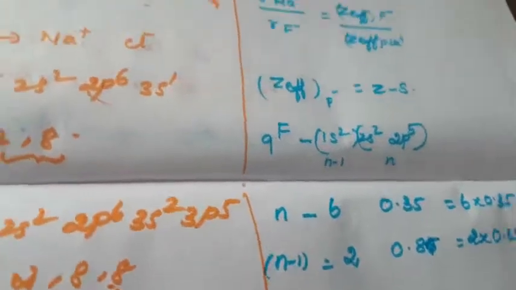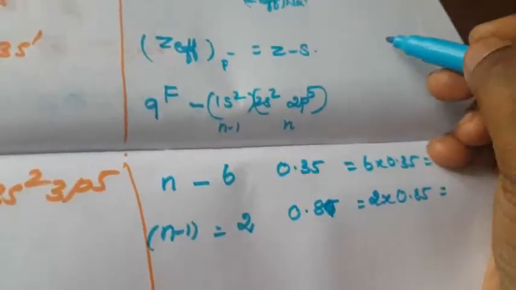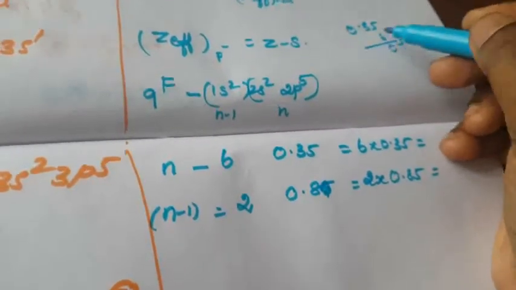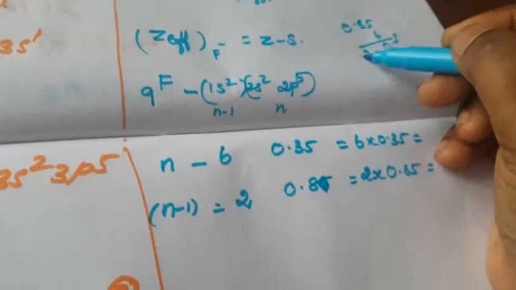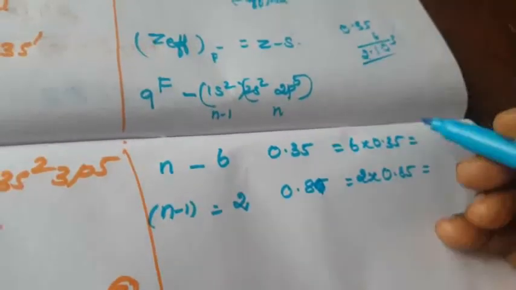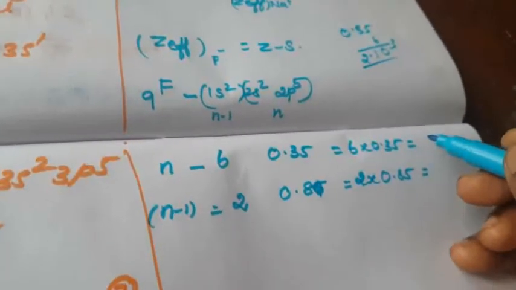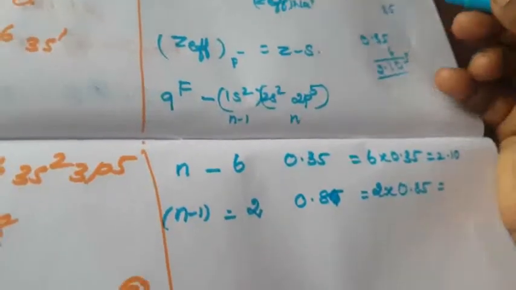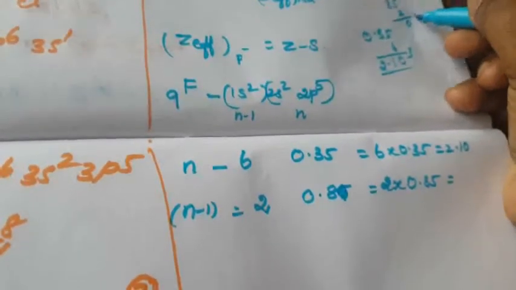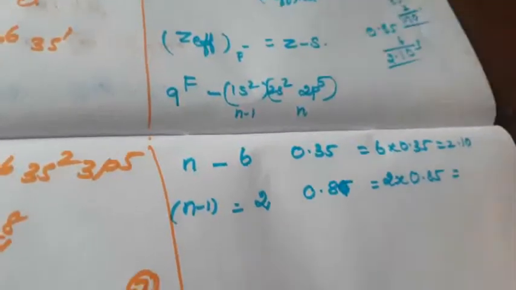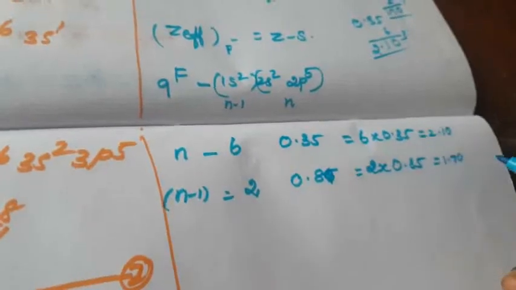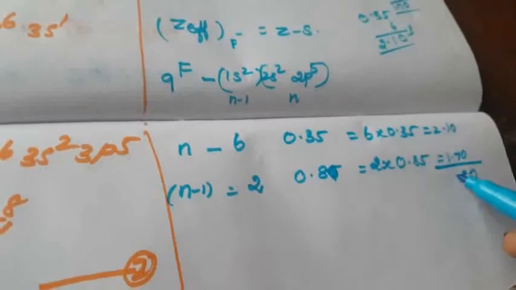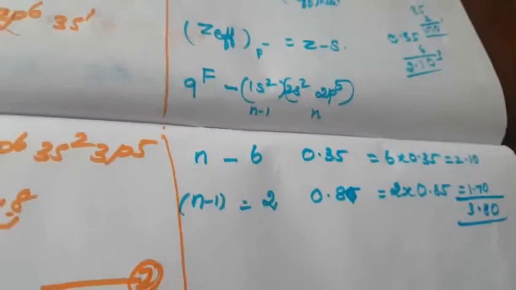You simplify that, and the value is 1.70. Adding that value, we get 3.80.